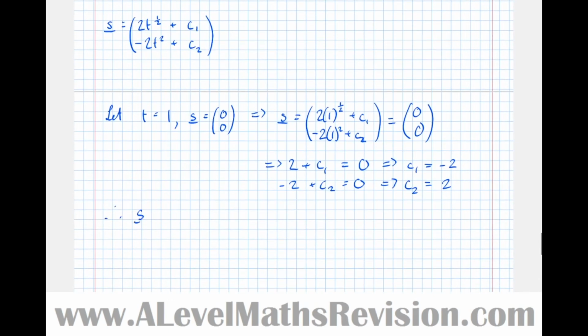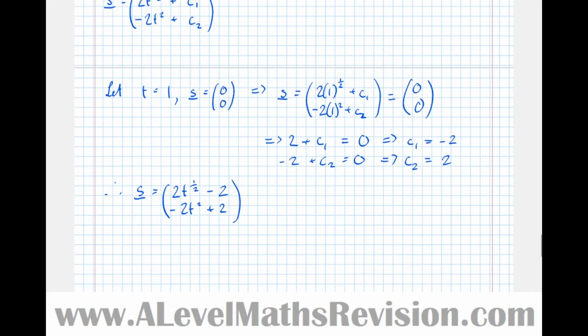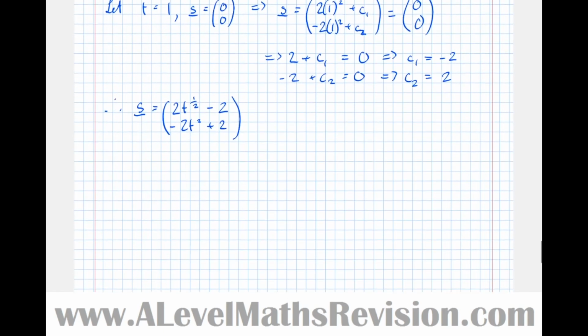Therefore, our displacement formula, we can write with the values of the constants in there now. So it's 2t to the 1/2 minus 2 and minus 2t squared plus 2. So now we find the displacement when t equals 4.